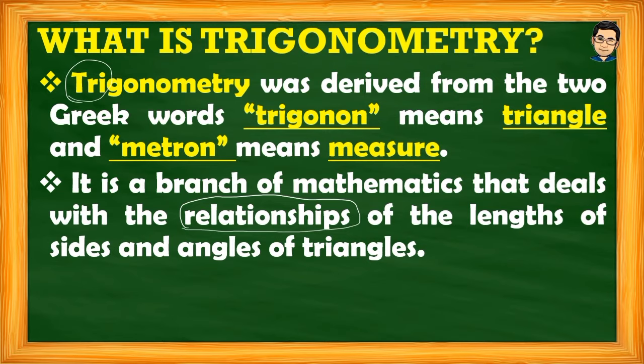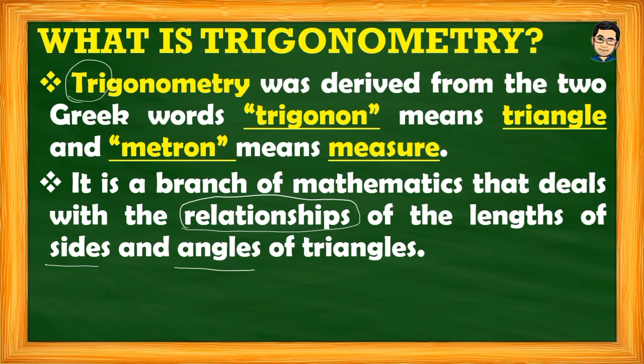Tinitignan natin dito kung may relasyon ba. Hindi naman yung literal na relasyon na mag-girlfriend-boyfriend sila. Usually kasi, kapag mga polygons ang pinag-aaralan natin, usually naririnig talaga natin yung sides and angles. So, titignan natin kung ano yung mga relationships ng sides and angles kapag pinag-aaralan natin ay trigonometry. Yan po ang definition ng trigonometry.